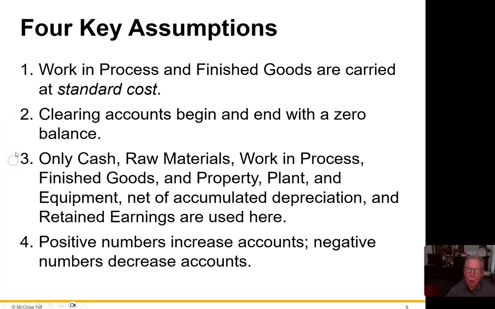Number three, only cash, raw materials, work in process, finished goods, property, plant, and equipment, net of accumulated depreciation, and retained earnings are used here. Number four, positive numbers increase accounts, negative numbers decrease accounts.